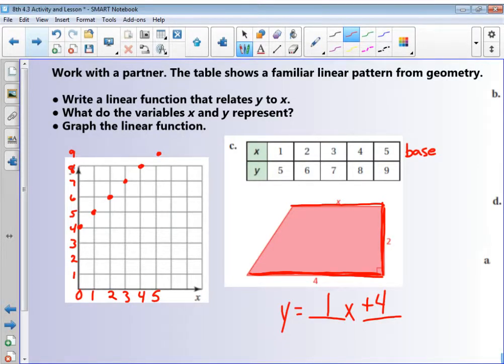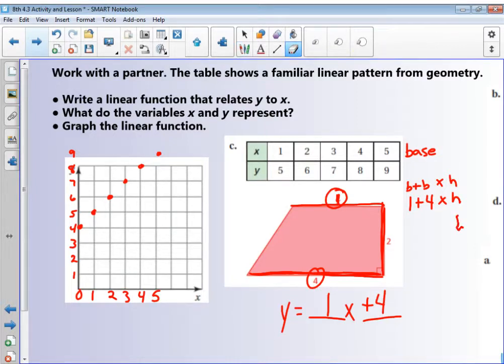So if we were to put a 1 in here, what could this possibly be? This is kind of hard because some of you maybe haven't used the formula, but the formula is to add together your two bases. So if we did 1 plus 4, and we take it times the height, so base plus base, times the height, which is 2, and then we divide that by 2, or split it in half.